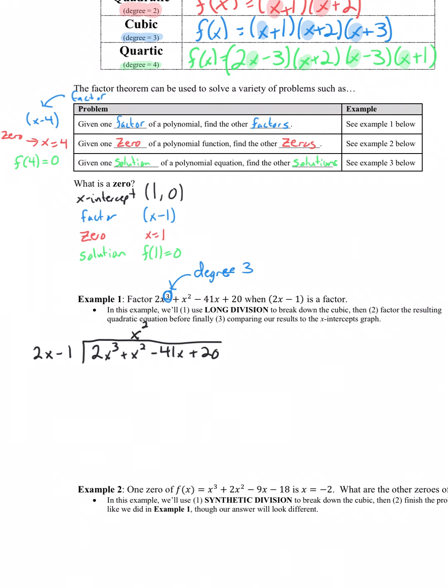So I need to ignore the 1, that's our remainder, and I need to multiply 2x times something to get to 2x cubed. And I actually already wrote x squared up there. So I can take this x squared and multiply it by 2x, and I get 2x cubed. And then I take x squared and I multiply it by -1, and I get the second part of the expression, which is -1x squared.